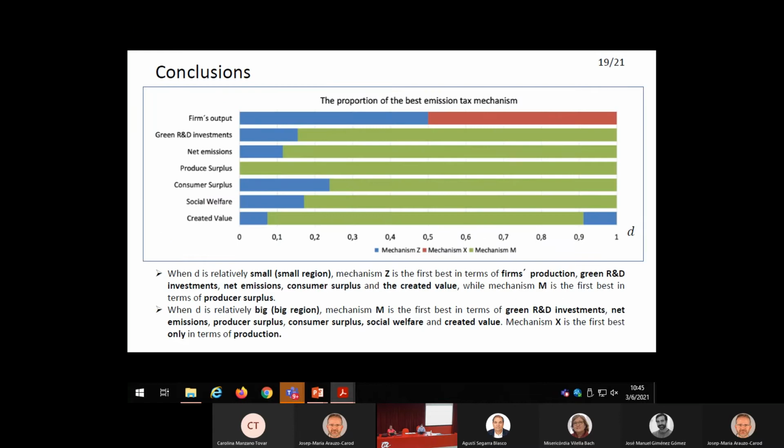So we use this table to summarize the proportion of the best emission tax mechanism in terms of different indicators.